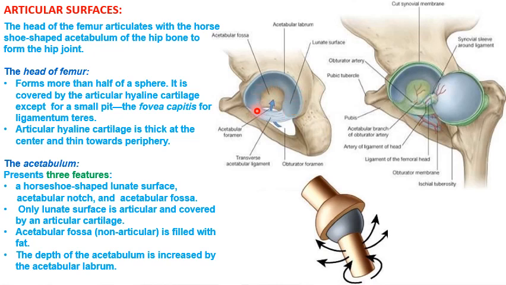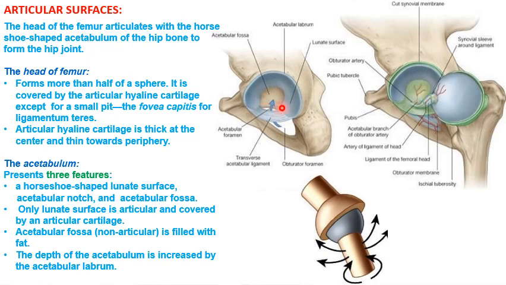So of all these features of the acetabulum, only the lunate surface of the acetabulum is articular and is covered by the articular cartilage. The acetabular fossa here is filled with fat.